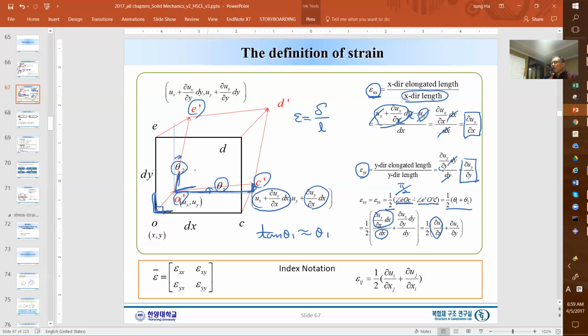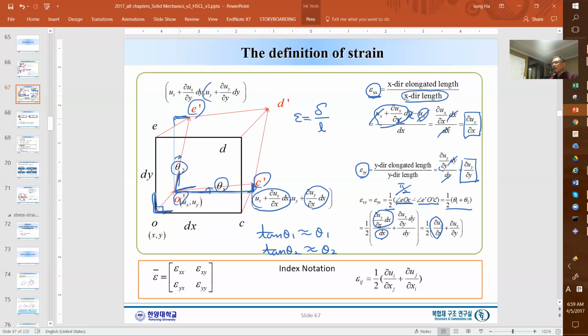Okay. Now, what is theta 2? Well, similarly, tangent theta 2 is approximately theta 2, and theta 2 is, say, this one, y directional component.